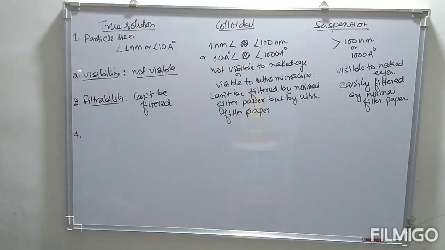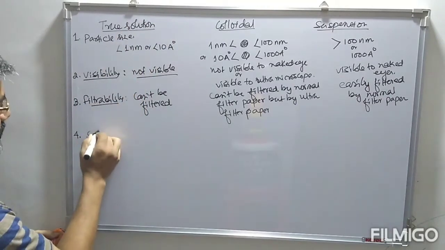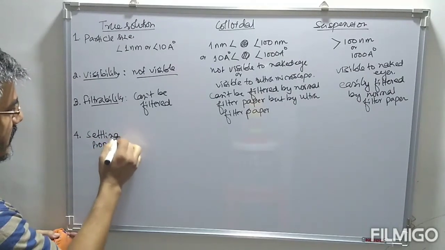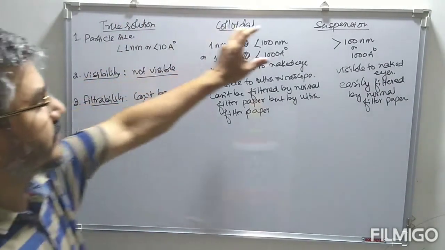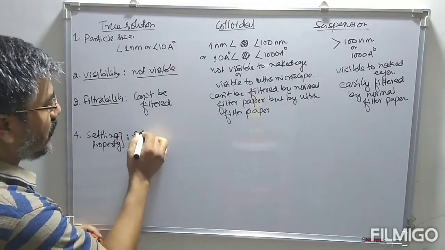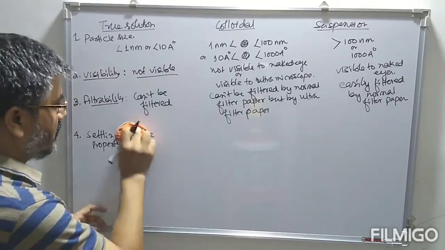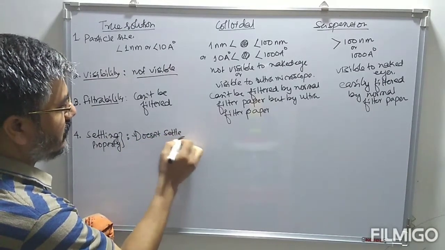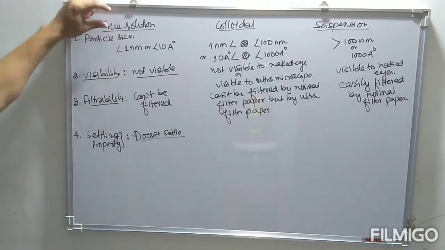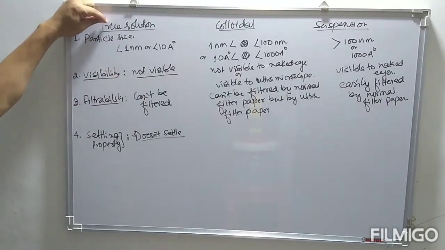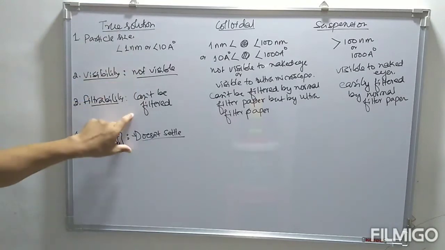Fourth, settling property of these three different types of solution. True solution, the particles do not settle on standing. That means if we keep this true solution for a longer period of time, the particles will not settle down, and the solution will remain a true solution.